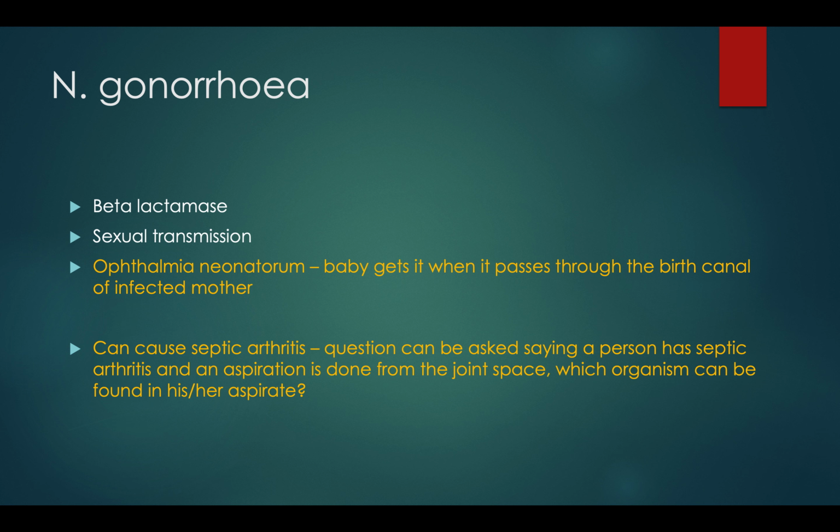You just have to remember another thing, that's ophthalmia neonatorum. If a female has gonorrhea and she's pregnant and gives birth to the child, there's a high chance that the child can get infected by the infected birth canal, and the child is going to have an eye infection with this. That's called ophthalmia neonatorum.